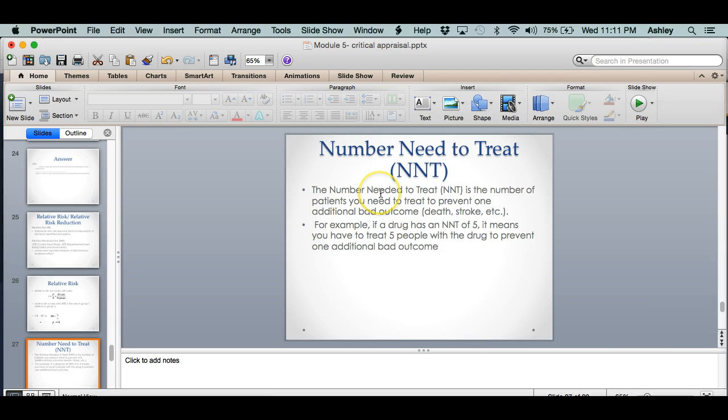So, the number needed to treat is the number of patients you need to treat to prevent one additional bad outcome, like death or stroke. So, for example, if a drug has a number needed to treat of 5, it means you have to treat 5 people with the drug to prevent one additional bad outcome.